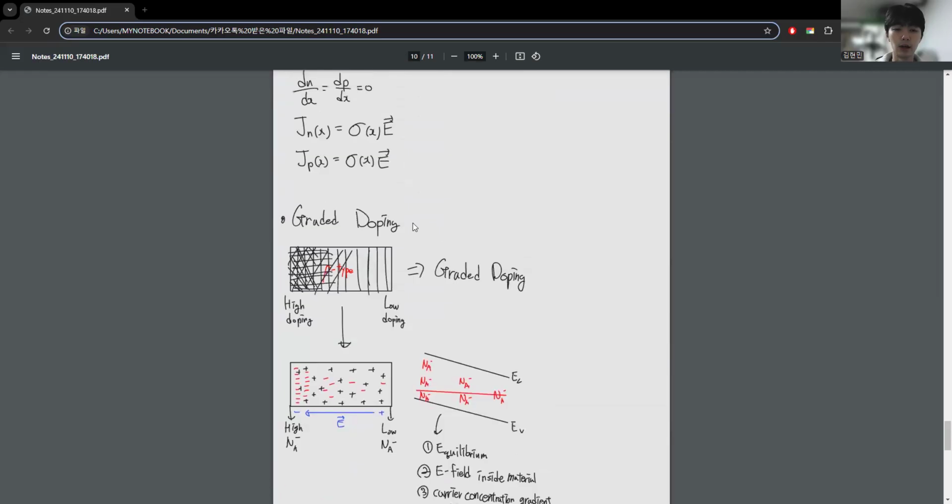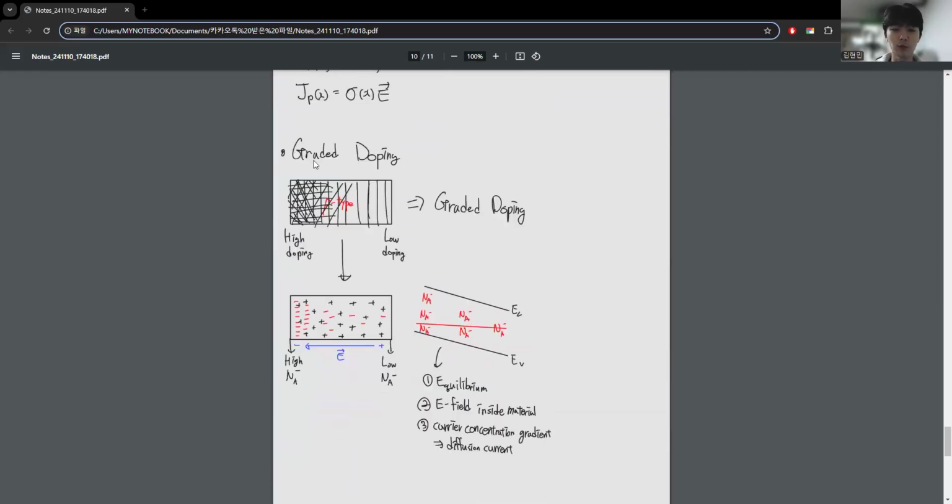And last, graded doping. In this p-type material, this part is high doping and this part is low doping.